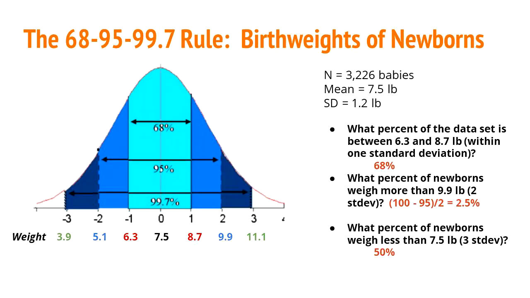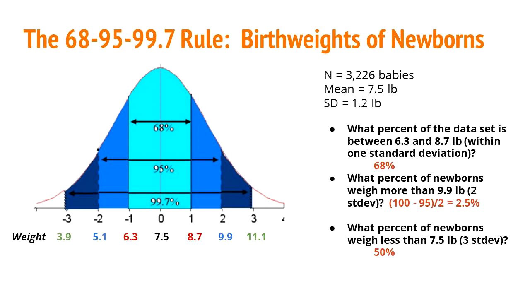Let's see how we did. Look at what I've done. I actually took those weights and I put them against this normal curve with standard scores. Like we mentioned in the earlier slide, 8.7 and 6.3 pounds are 1 standard deviation away. So between 6.3 and 8.7 pounds would be our 68%. 9.9 pounds, that one is 2 standard deviations above.